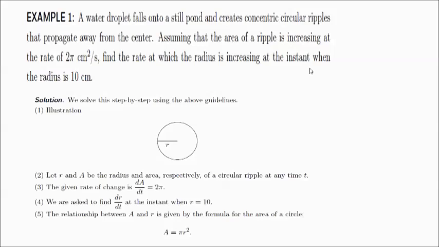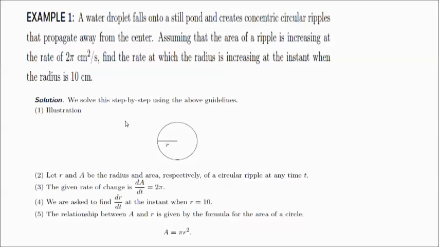Na-discuss natin yung instantaneous rate of change, di ba? At an instant, ano ba yung rate of change? Kaya nga merong binibigay dito na value, so gagamitin natin siya. So we solve this using the suggested guidelines kanina.